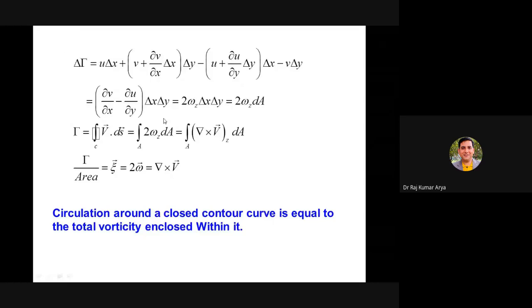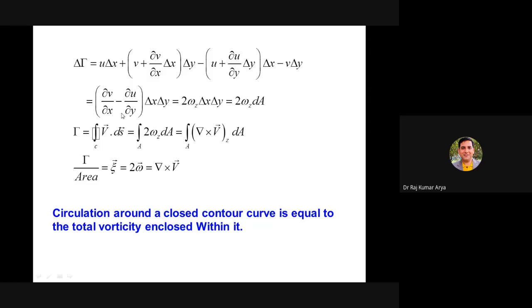So you will get two times omega. Now delta x delta y, because this dimension is delta x and this dimension is delta y, that is your area. So the area becomes dA.